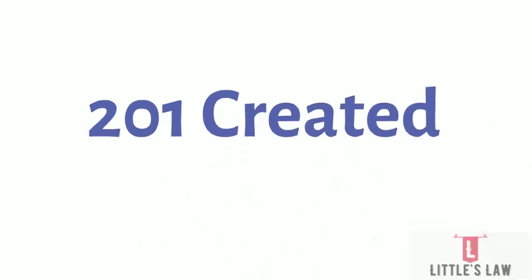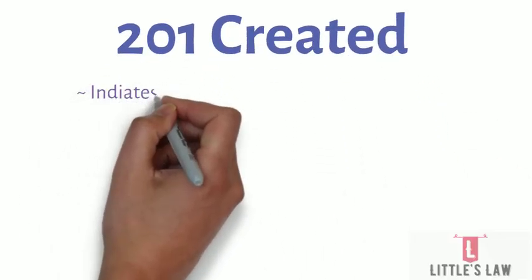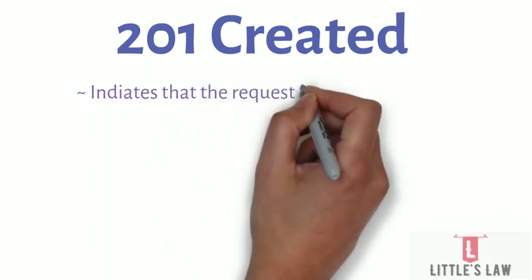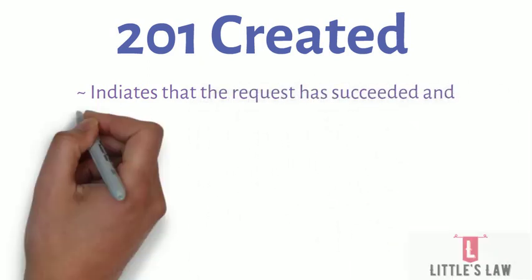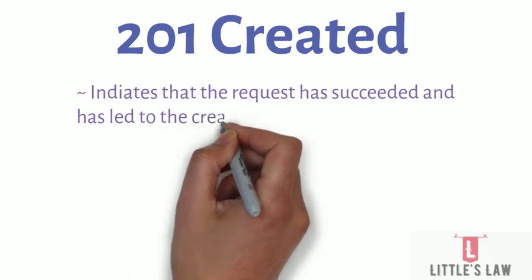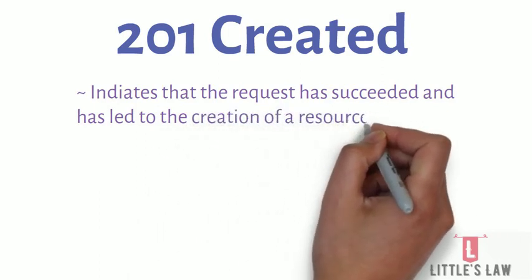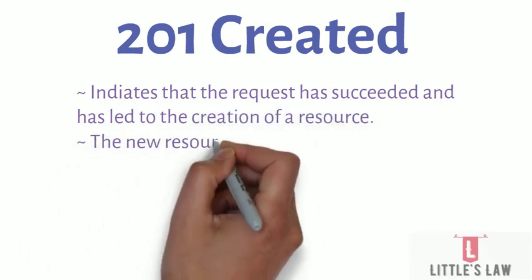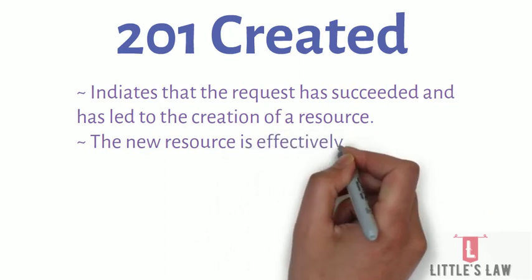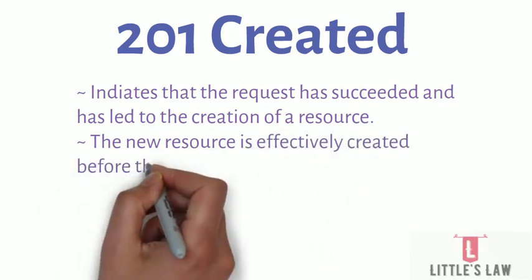The second 2XX response code is 201 Created. The HTTP 201 Created success status response code indicates that the request has succeeded and has led to the creation of a resource.